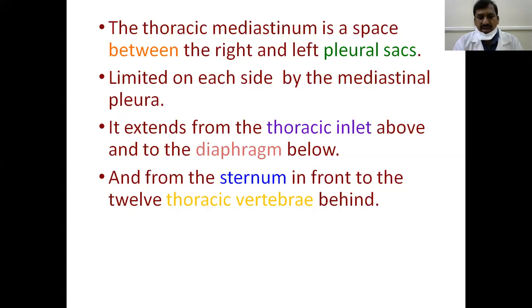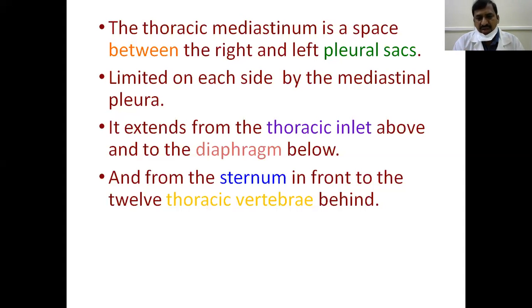Behind, it is formed by the thoracic vertebrae, especially the bodies and intervertebral discs of the 12 thoracic vertebrae. In between these boundaries, there is a space that is called the mediastinum of the thorax.